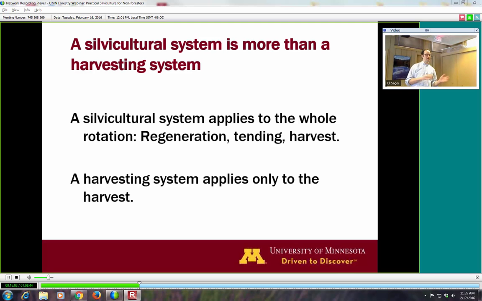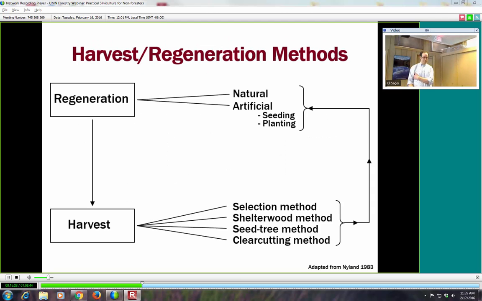Throughout, we're going to be talking about all of those steps, and I don't have time to go deep on any of these systems, but I want you to keep in mind that we're not just talking about how we harvest the trees, what's the pattern of tree removal, but how we regenerate the stand. Of course, that's related to the harvest pattern. How do we tend or take care of those trees as they're growing? And then how do we implement that final harvest?